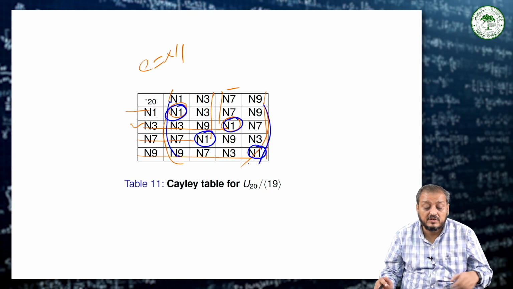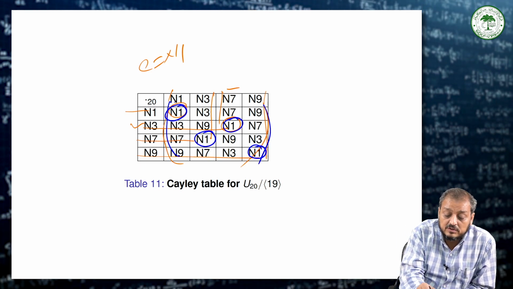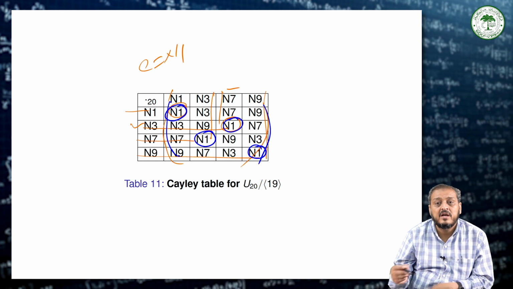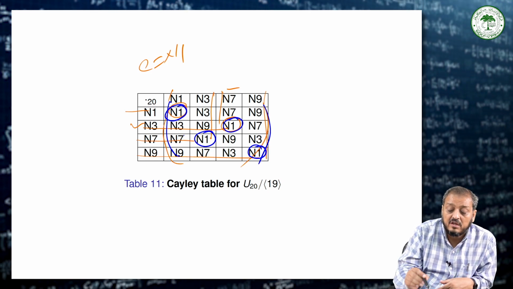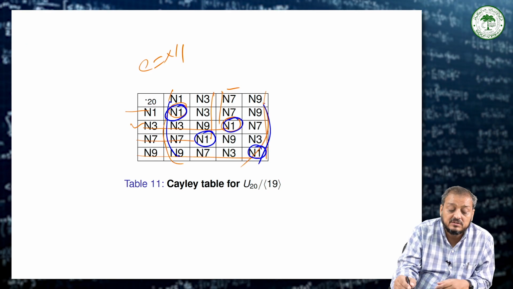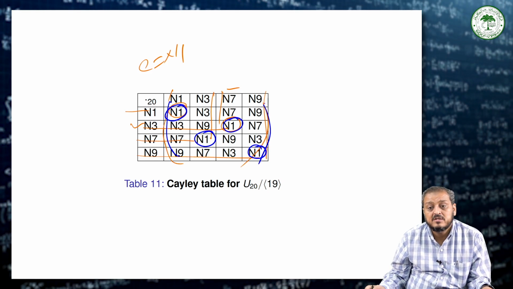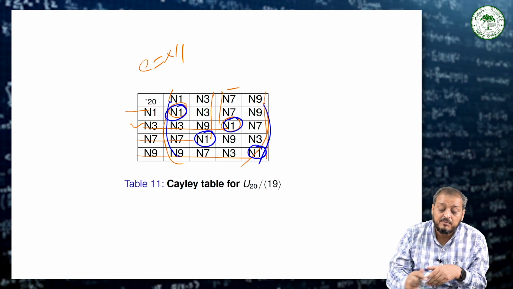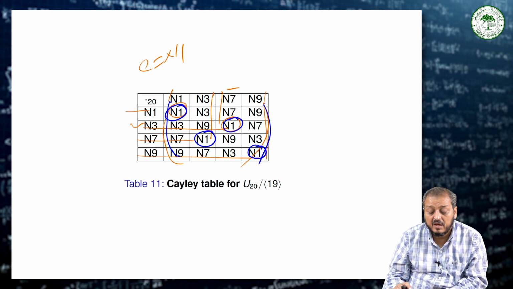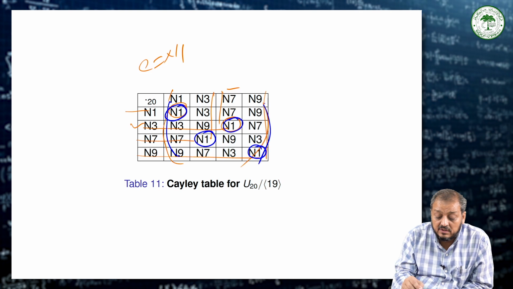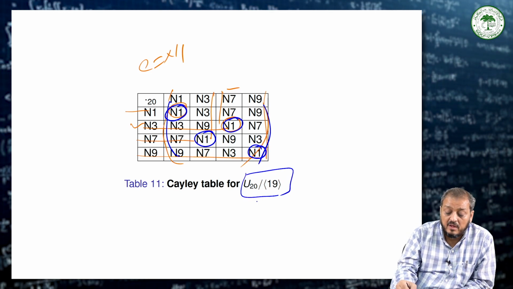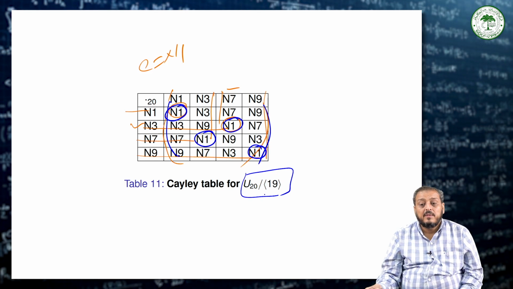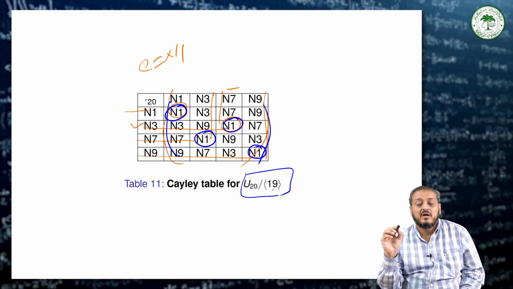Also for inverses, N1 is the identity element and is its own inverse. N3 and N7 are inverses of each other, and N9 is again the inverse of itself. So by this table we easily show that this is the factor group of U20 over the normal subgroup generated by 19.